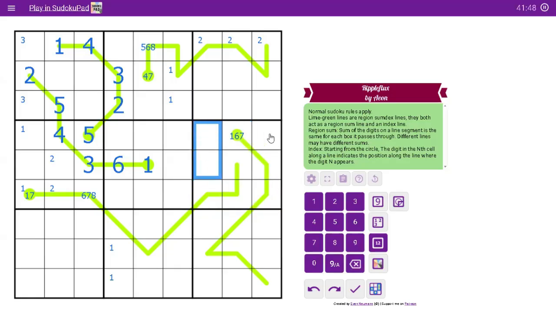So these sum to 16, doesn't get me anywhere. 18 and 18. That's a 1, that's a 4. That means this sums to 13, which is possible with the 5, 8, and the 6, 7.